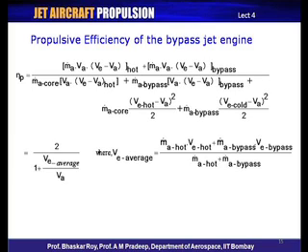And now, we have a V e, that is an average V e, average of the hot and the cold, and it stands to reason that since the cold exhaust velocity is much lower, this average is going to be lower, and hence your propulsive efficiency of such a bypass engine is going to be higher.